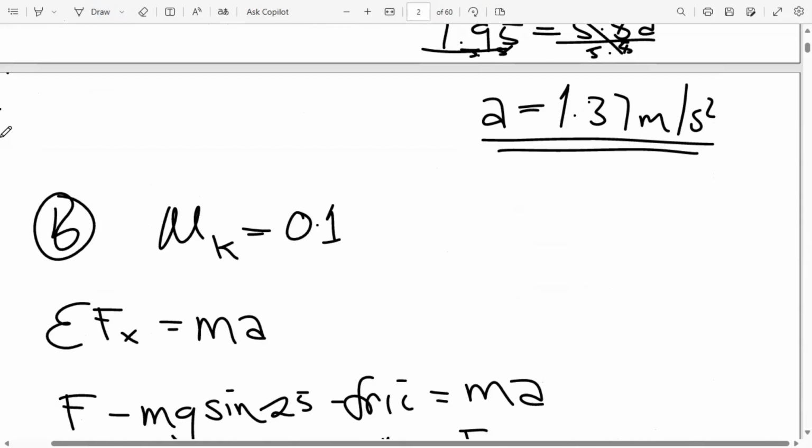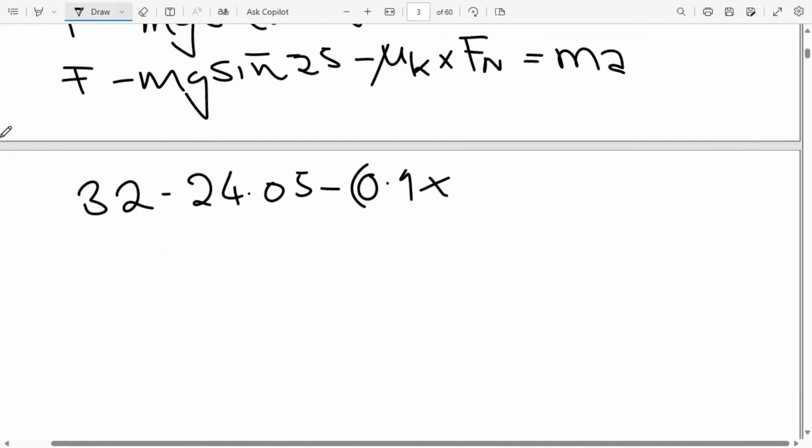So I'll say multiplied by mg cos theta, and our mg cos theta is equal to 5.8 multiplied by 9.81 cos 25. This is going to be equal to mass multiplied by acceleration. So let's find our mg cos theta: 5.8 multiplied by 9.81 cos 25.